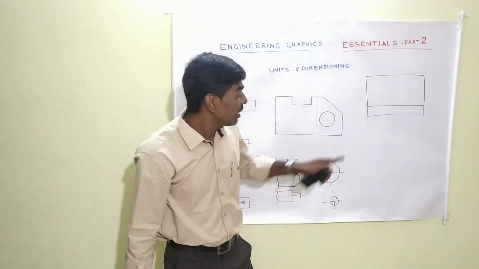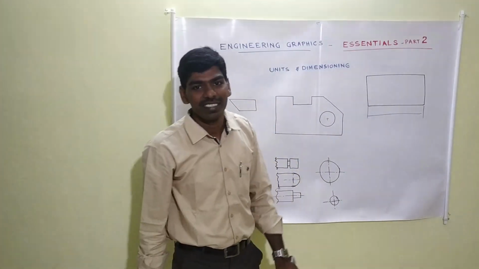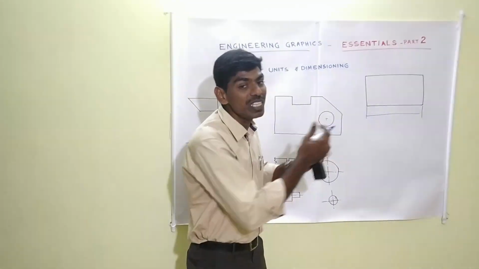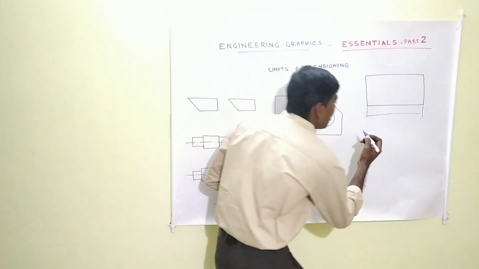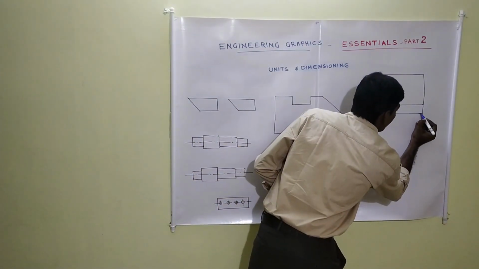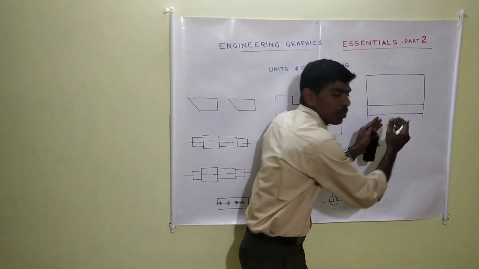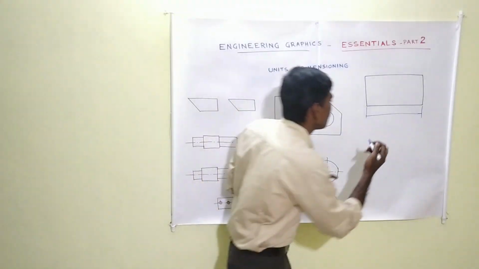So what happened? This dimension line is made parallel to the object line. Now I can give a value to this one. So again, I need to give something from here to here. This is this much particular value, say 100 mm.